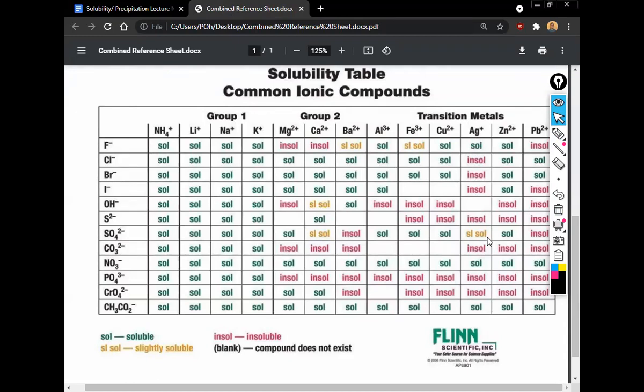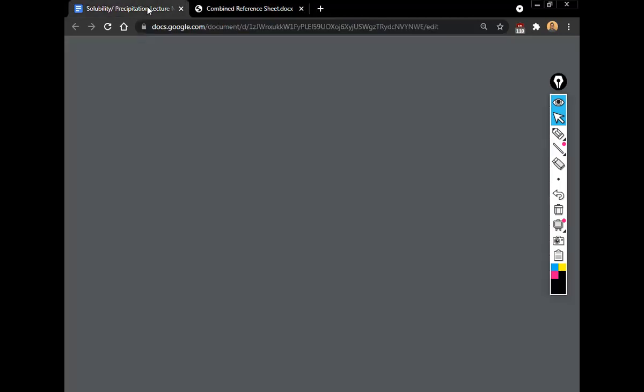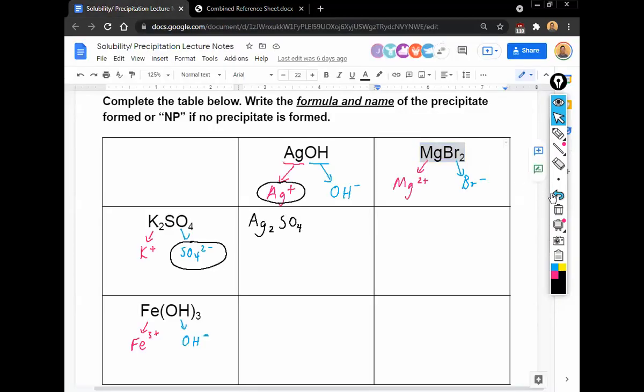You forget. If it's insoluble or slightly soluble, it does not dissolve in the water, so there is still going to be a precipitate. So for Ag2SO4, you can write that it is slightly soluble, but it is going to form a precipitate. I'm going to draw a box around it so we know this is going to form a precipitate.